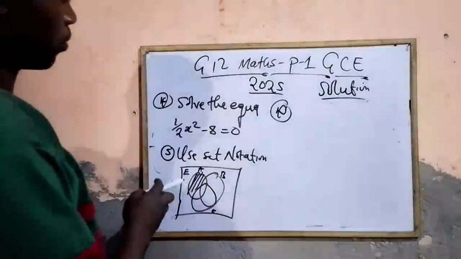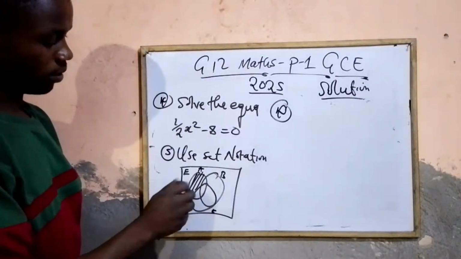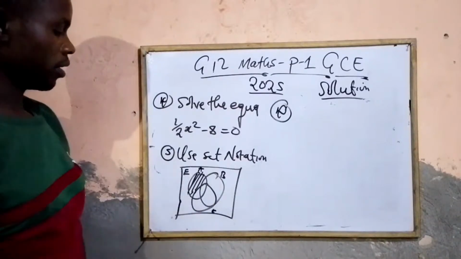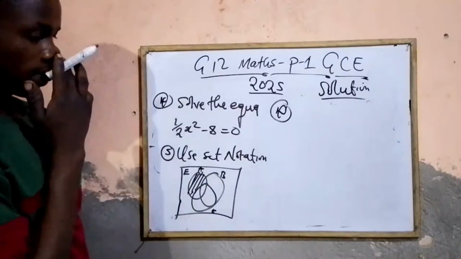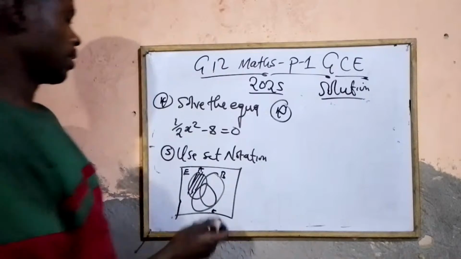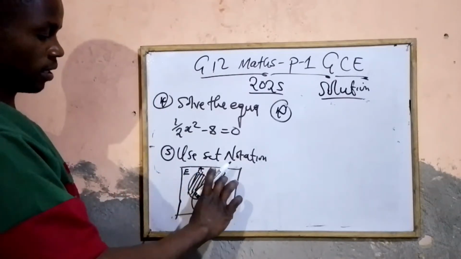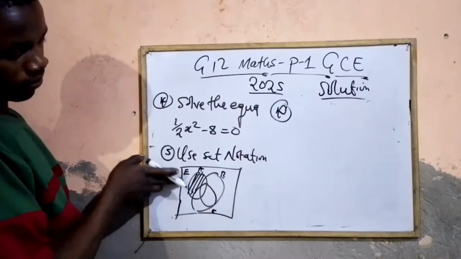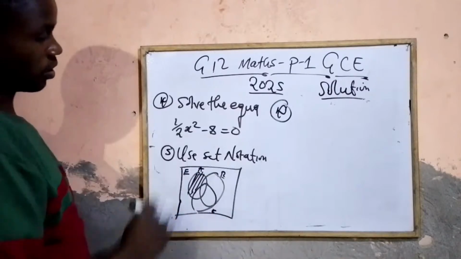Question 5, we are told to use set notation to describe this information which is in this diagram. Okay, so first of all, you have to identify this set here. This is B union C, and remember that these numbers here are excluded from what is shaded here. So that means we are going to use complement.